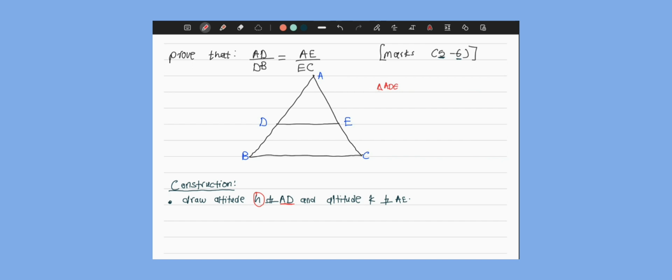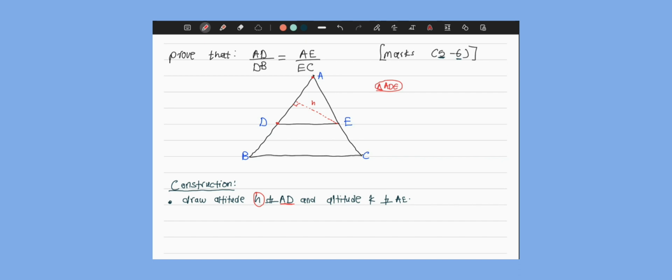So let me draw the altitude h that is perpendicular to the line AD. This is my line AD from A to here. The altitude that I'm going to draw, I must start from point C, and it has to be perpendicular; remember, it must form 90 degrees to this AD. I denote this altitude as h. So this is my altitude h.